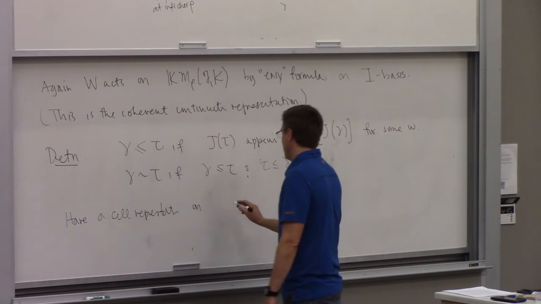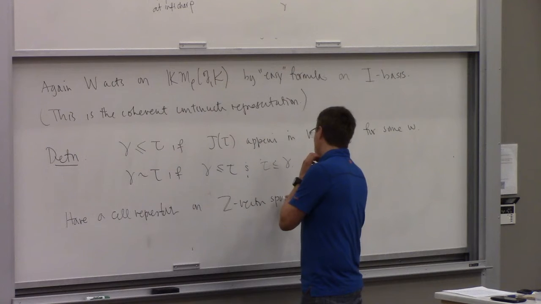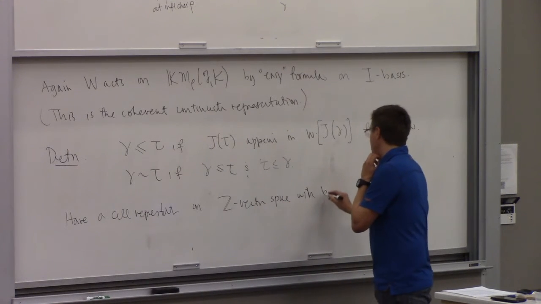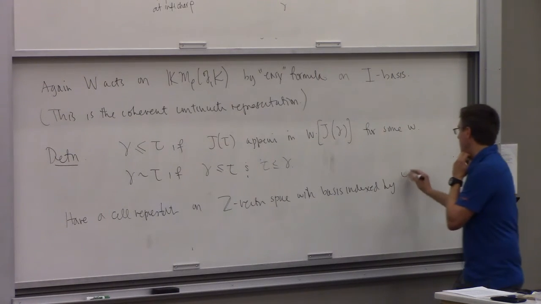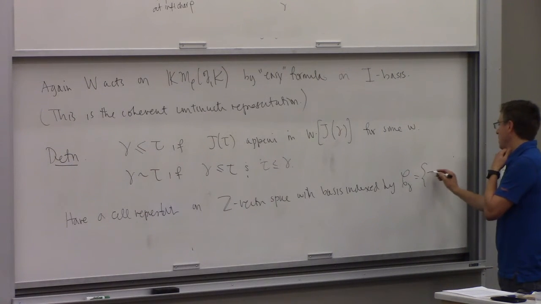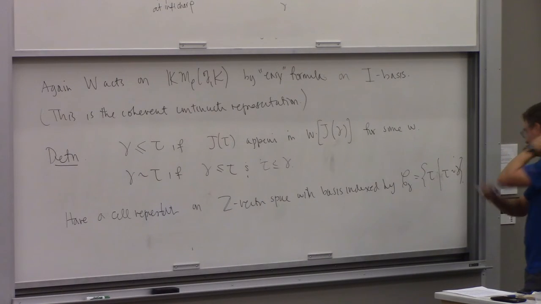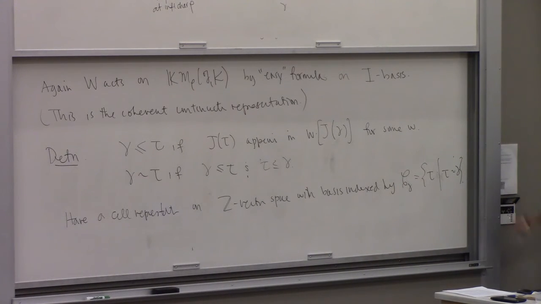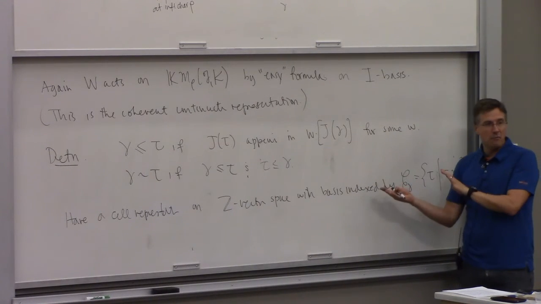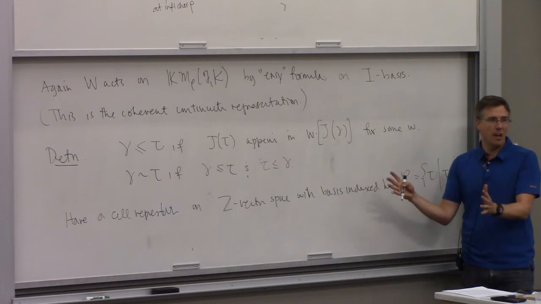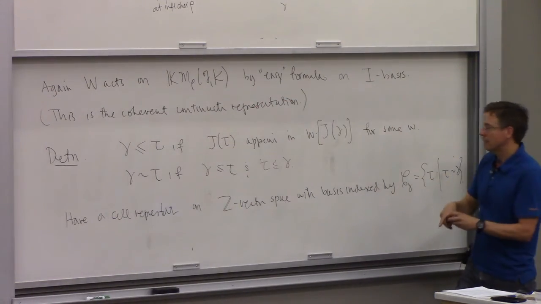This Z vector space with basis indexed by C gamma, the tau which the tau is equivalent to. Okay, so just the exact same way. The comment here is that there's no analog of left and right in general, because there's only one Weyl group action. There's not a left action and right action. There's just one action.